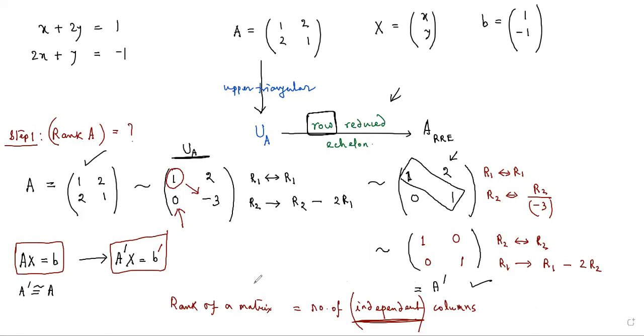You can think of school days. We came across the definition of rank to be the total number of non-zero rows. So here you see the total number of non-zero rows is 2 even after this transformation. So the rank of the given matrix is actually 2.